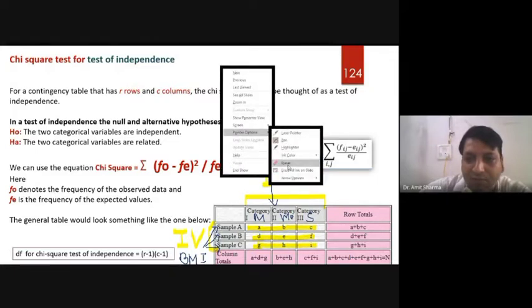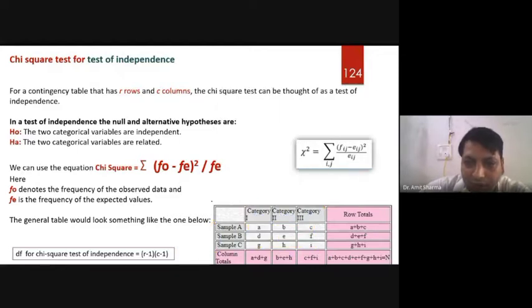You have to calculate the total of rows and the total of columns. You will get this table in the examination up to here. The area in pink color you are not given, so you have to do it yourself.